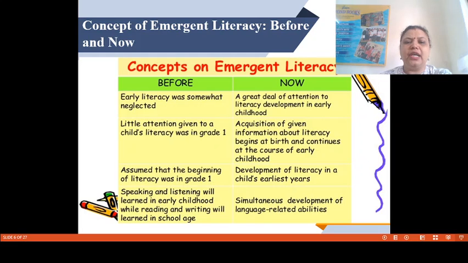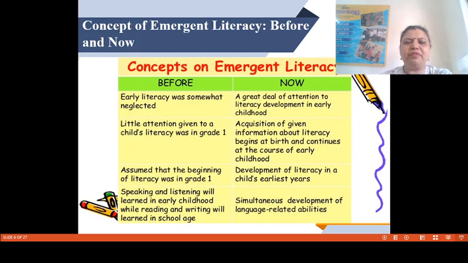Little attention was given to a child's literacy before grade 1. Now, acquisition of information about literacy begins at birth and continues over the course of early childhood. It was assumed that the beginning of literacy was in grade 1, but now literacy develops in a child's earliest years.